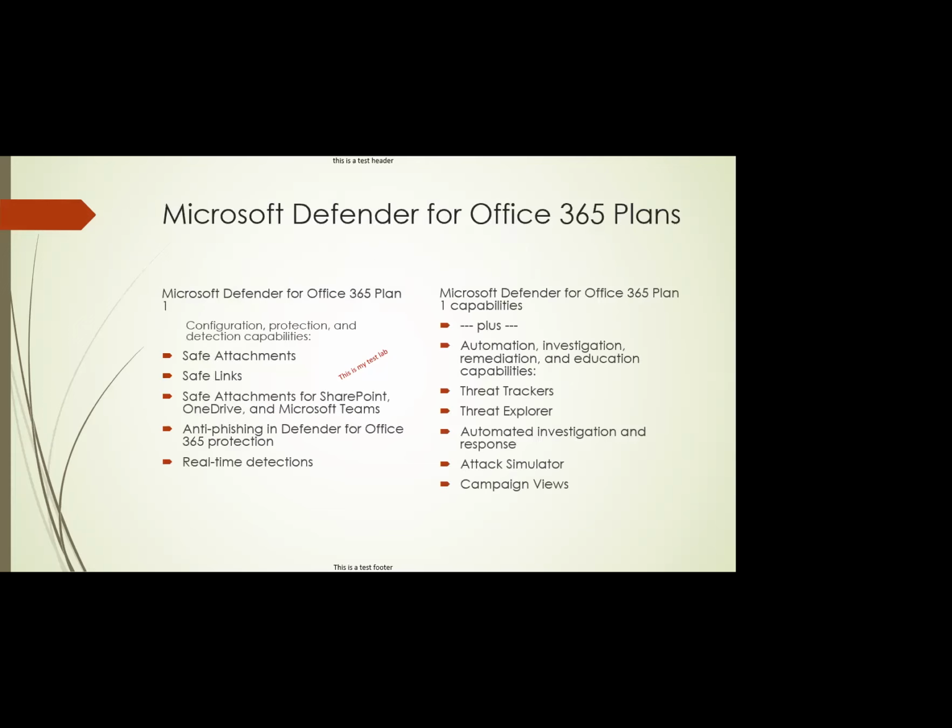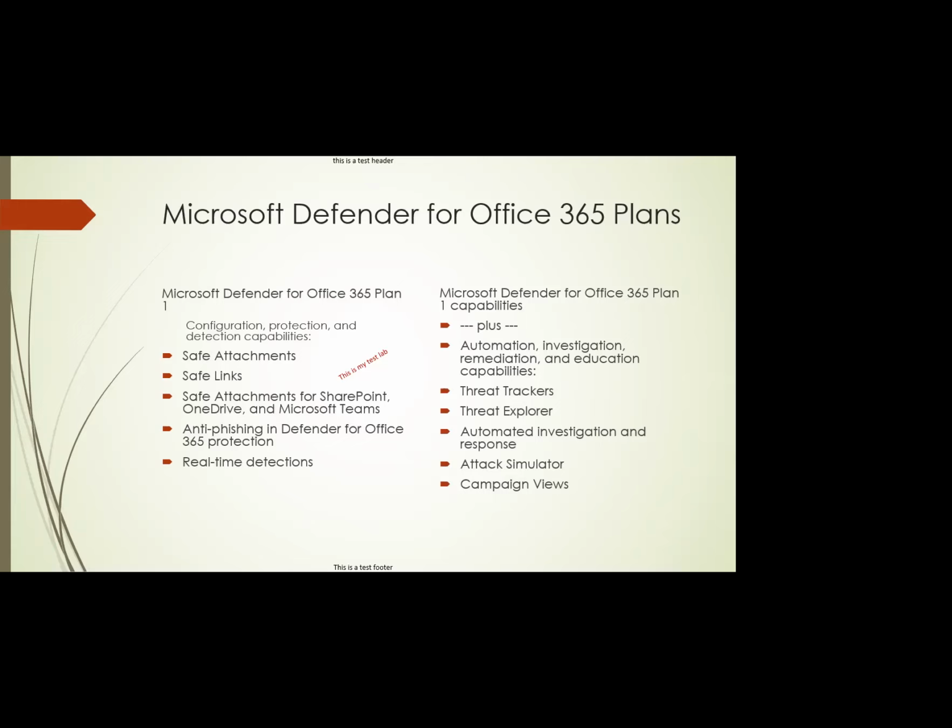So this is where you see more details on the plans and what they entail. For plan one, you have safe attachments, safe links, safe attachments for SharePoint, OneDrive, and Microsoft Teams. You also have anti-phishing in Defender for Office 365 protection, and also real-time protections.